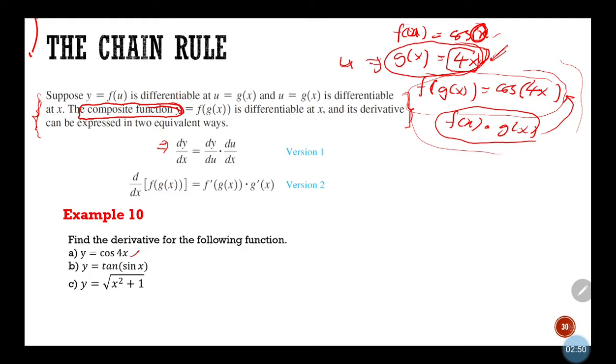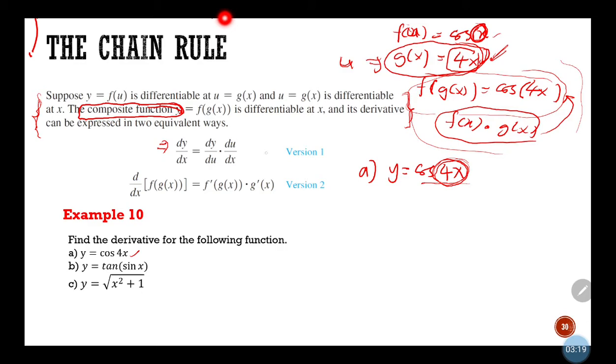Straight away saya tunjuk examples lah. I'm solving for a now. y equals to cos 4x. So as I said tadi, our composite function y equals to cos 4x, the general function of this normally is cos x. So the inner part of this is the one that we let as u.